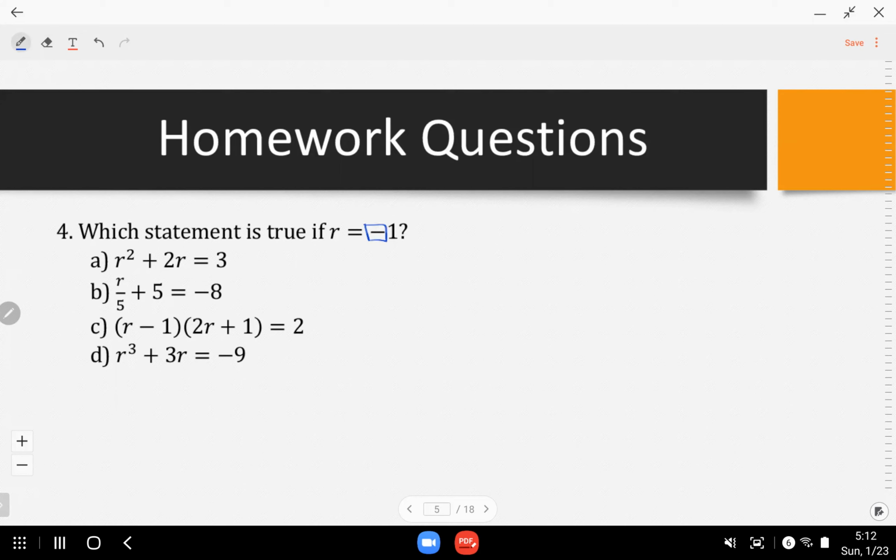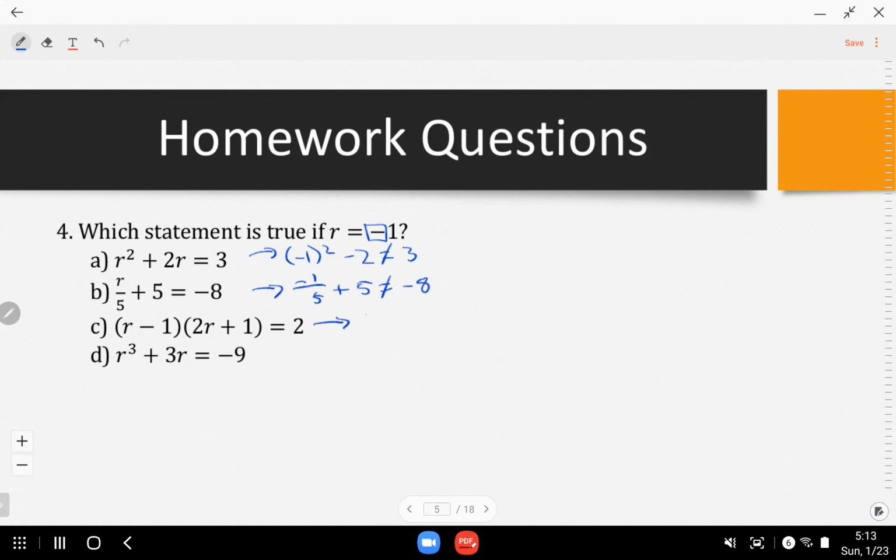Make sure you check. So obviously A is going to be -1 squared minus 2 is equal to 3. It's not equal. Okay, and then we have -1 over 5 plus 5 is equal to -8. Obviously, that's also not equal. Okay, and then we have C, which is the actual correct answer.